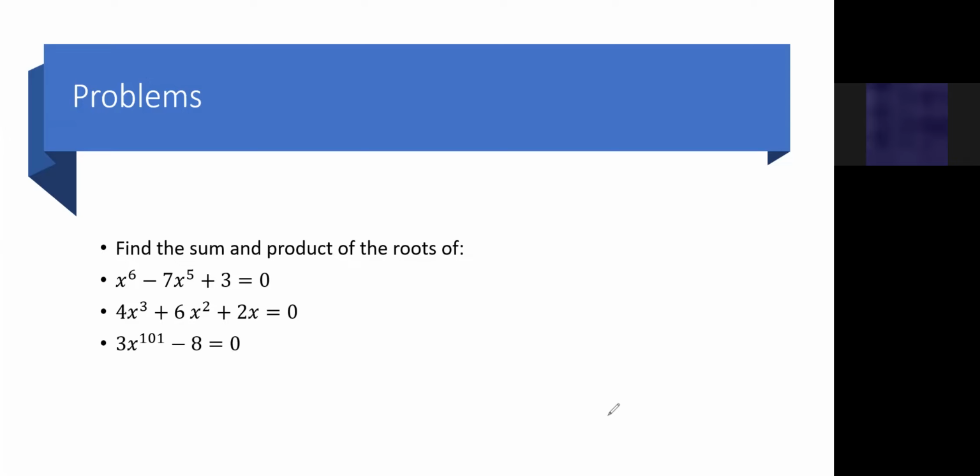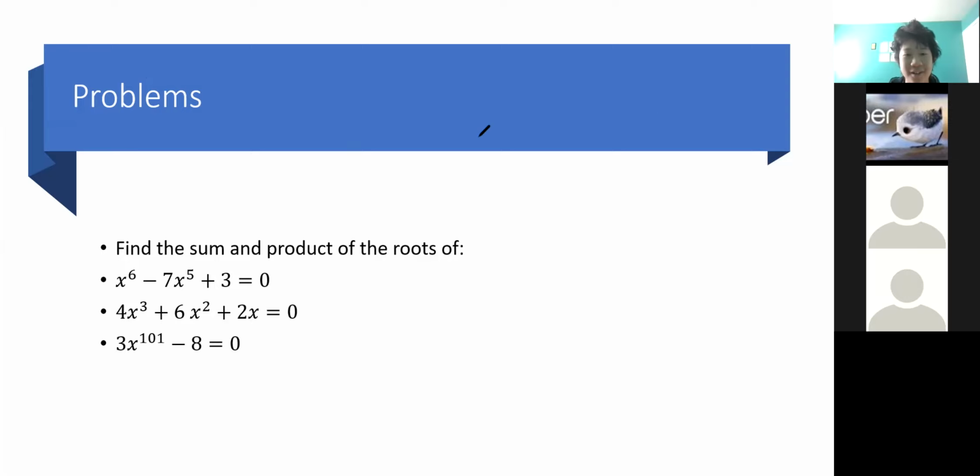Adrian? Okay, I don't think he's there. So Wesley. Wesley? So the last one, sum and product. Oh God, I think he's not there either. So I'll just do this one.